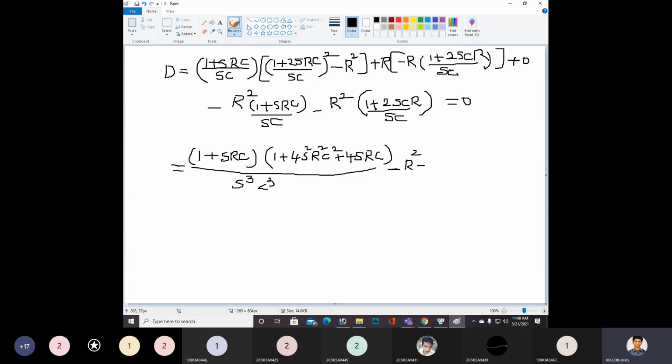Here you need to apply minus inside also, or else first you need to apply minus here, then you need to take this R square. Plus, this is minus, here you need to write outside, then R square plus 2 S R cube. See here we have already R, right? Here we have R, here we have R, that is R cube. 2S R cube divided by SC.